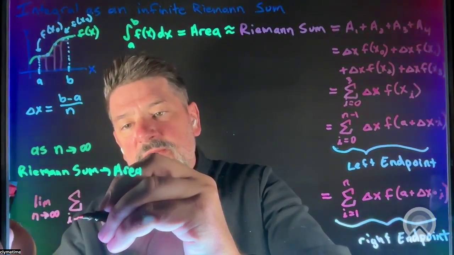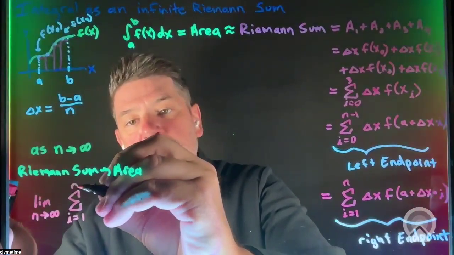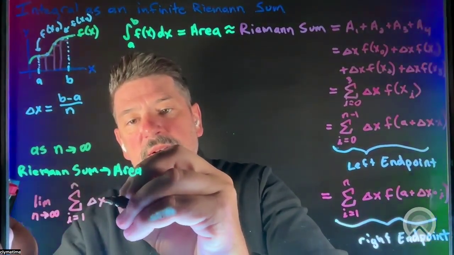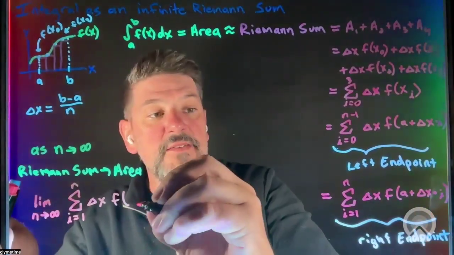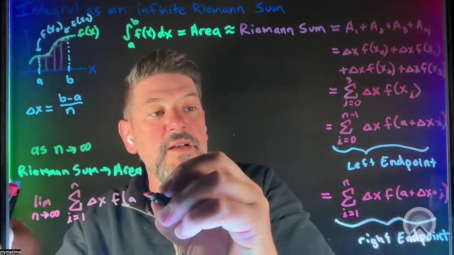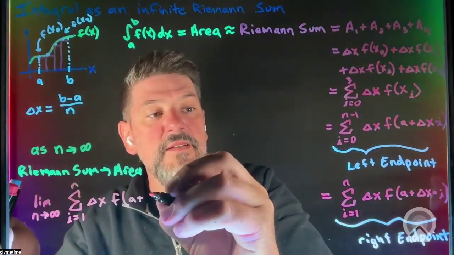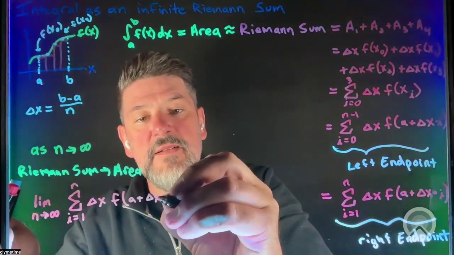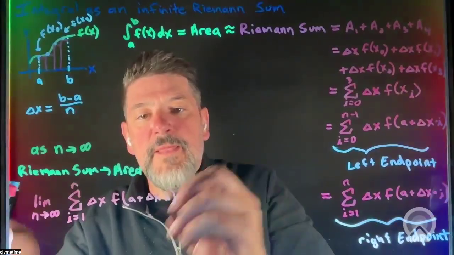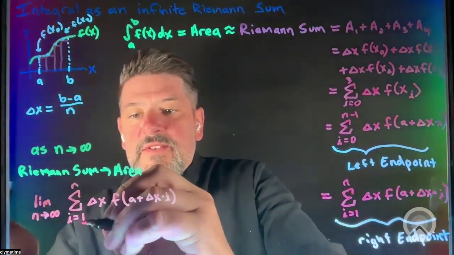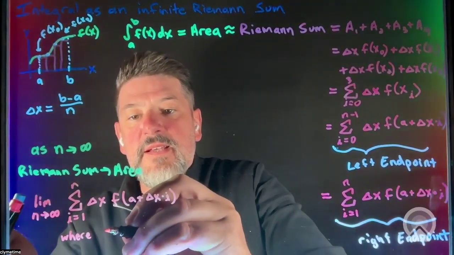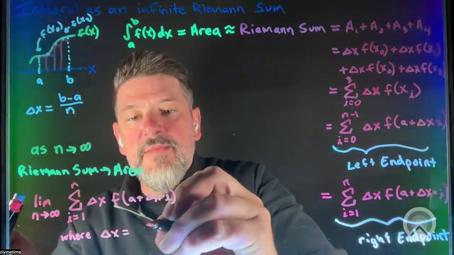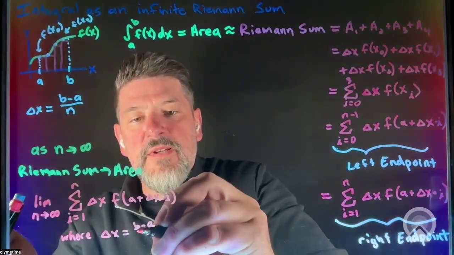So we say i equals 1 to n, delta x is the width of every rectangle, and for the height, a plus delta x times i, where delta x is equal to b minus a over n.